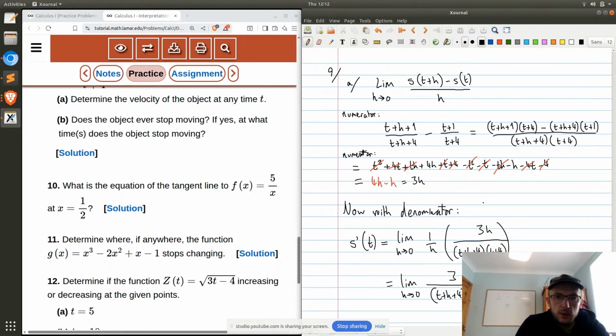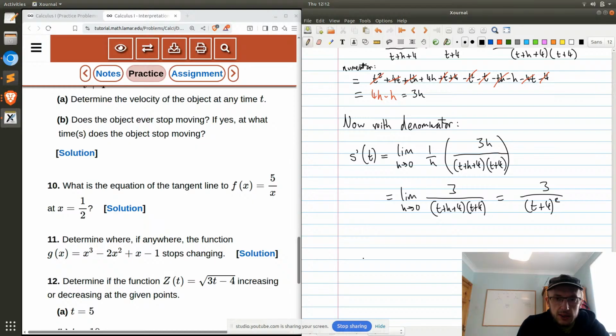Now, as for the object ceasing to move, it would move when that's equal to 0. And is that equal to 0?